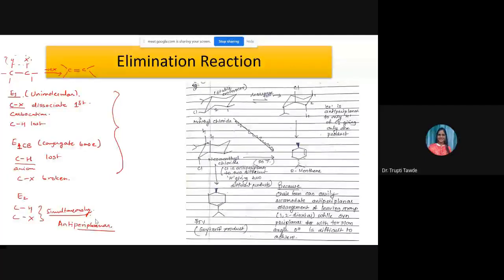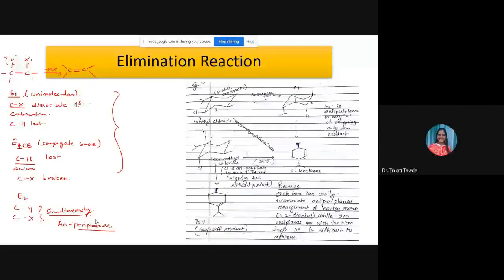It is preferred, but sometimes there are cases where syn elimination is competitive. Competitive means it has equal tendency, it is possible. What kind of elimination will happen, anti or syn? It completely depends on the nature of the substrate, the nature of the electrophile you are using, the type of leaving group you have, and the solvents you are using.